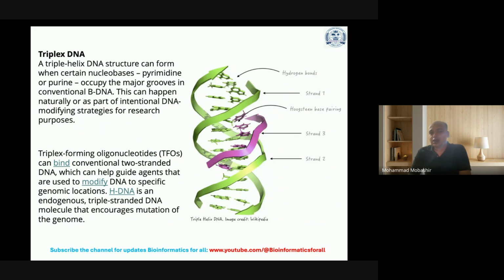Triplex-forming oligonucleotides, TFOs, can bind conventional two-stranded DNA, which can help guide agents that are used to modify DNA to specific genomic locations. HDNA is an endogenous, triple-stranded DNA molecule that increases mutation of the genome. So here you can see what triplex DNA could look like.